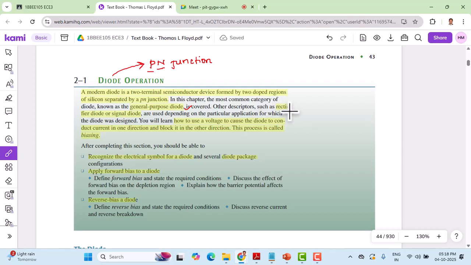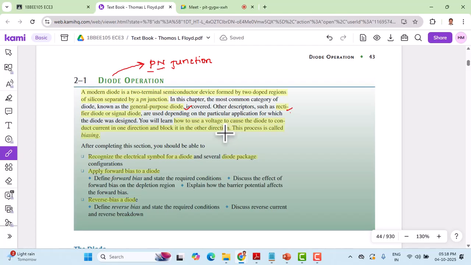Other types of diodes are rectifier diodes, which have different specifications, and signal diodes also exist, with different specifications, commonly used in communication circuits. Even while clipping and clamping, in order to remove a certain portion of unwanted signal, we can use a diode or PN junction. So there is a variety of applications of PN junctions.